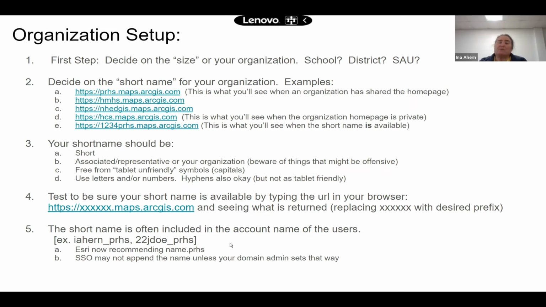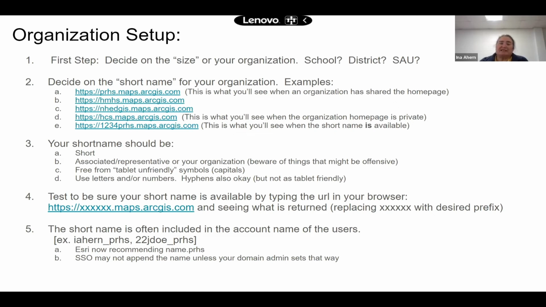That's helpful for me because I know that I'm in my Plymouth Regional High School account, not in my New Hampshire ArcGIS account or my New Hampshire Watershed Education Program account. It also makes it clear what organization the account belongs to.